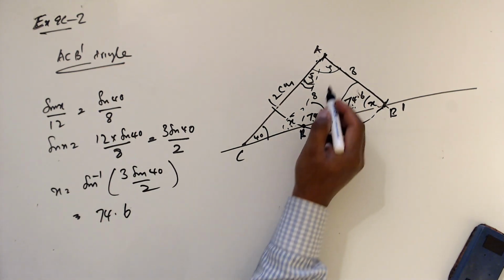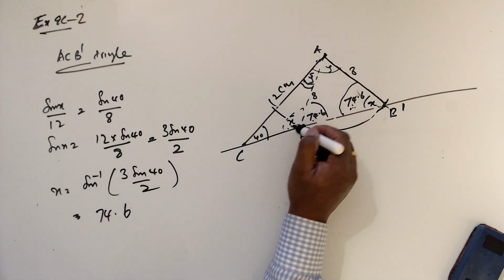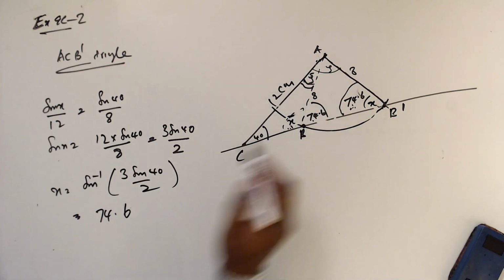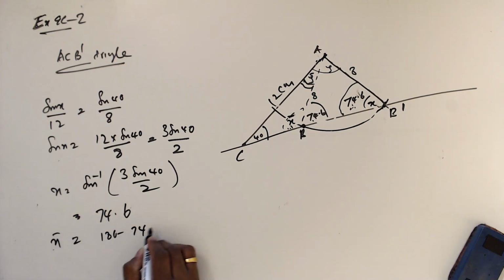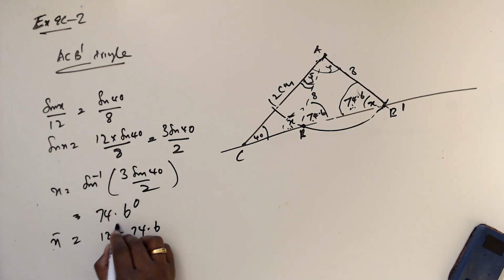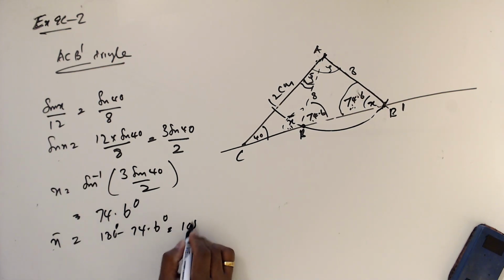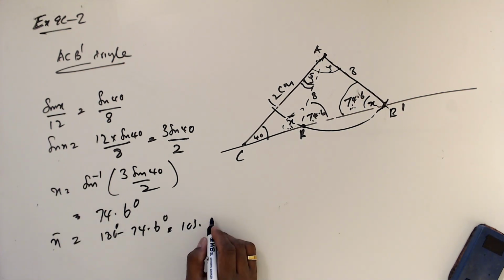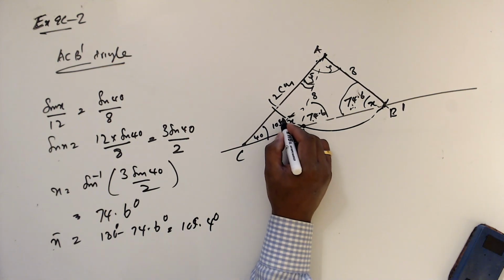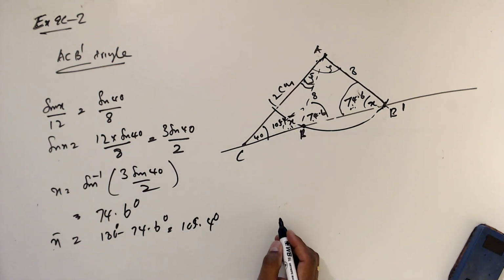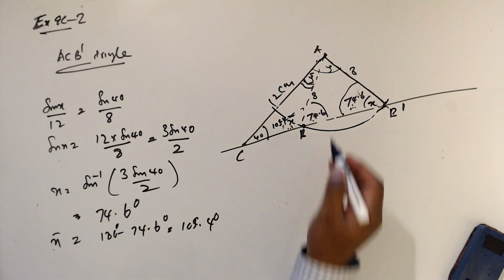Then the other one, x bar, means 180 minus 74.6. This is 105.4 degrees. So this is 105.4.